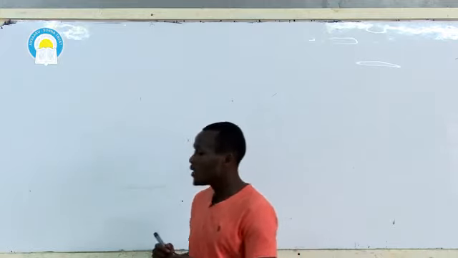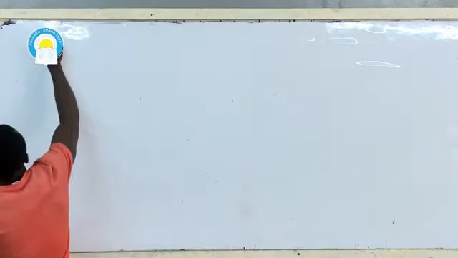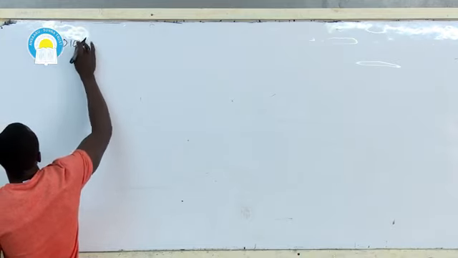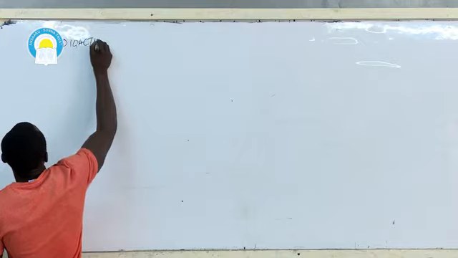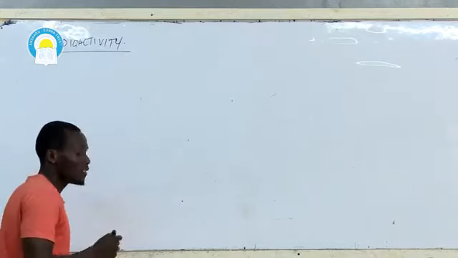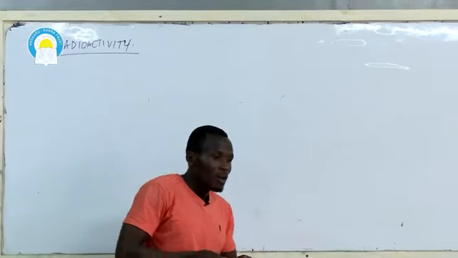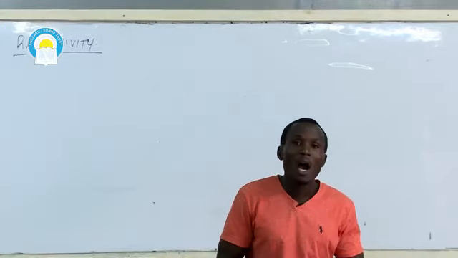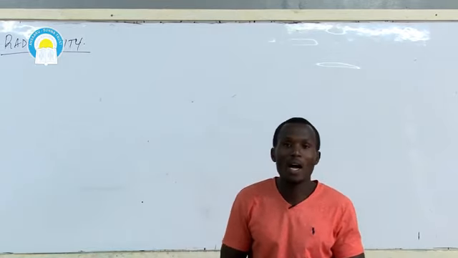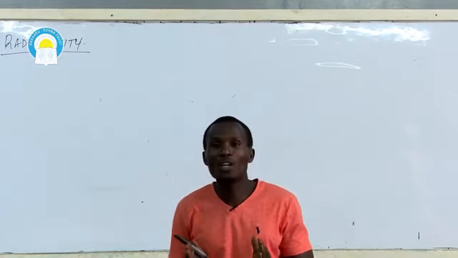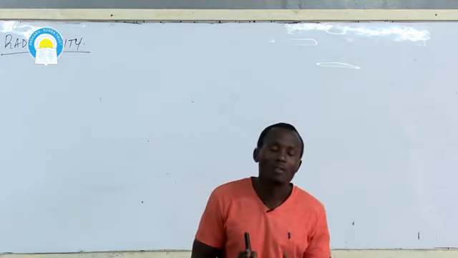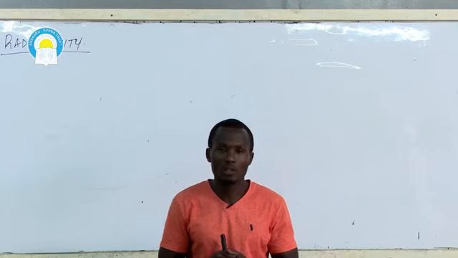But in this topic, under radioactivity, we are going to see how nuclear reactions occur. And when we talk about nuclear reactions, you find that it involves the protons and the neutrons.